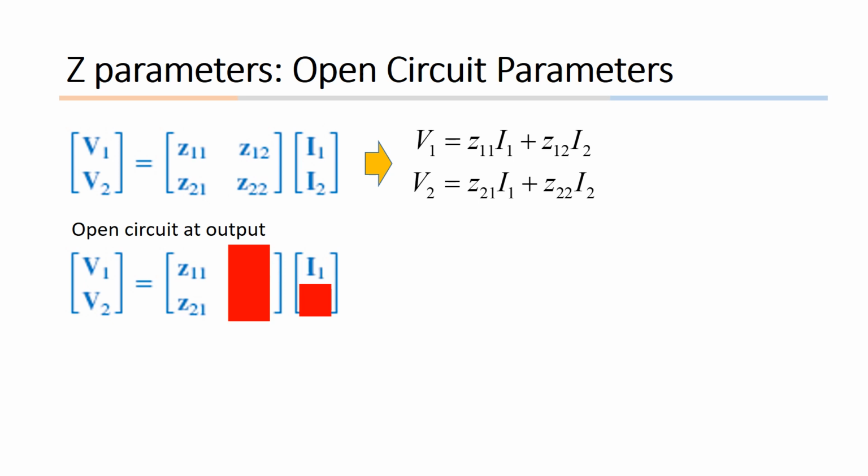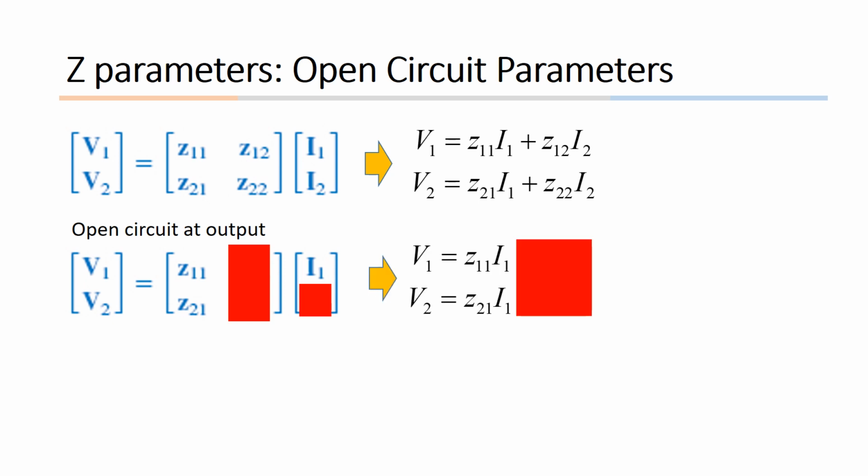So wherever the second column of the Z parameter becomes 0, that will give you the equations V1 and V2 only in terms of I1 multiplied with the Z values. Therefore, you can obtain Z11 and Z21 by simply evaluating the values of V1 and I1.